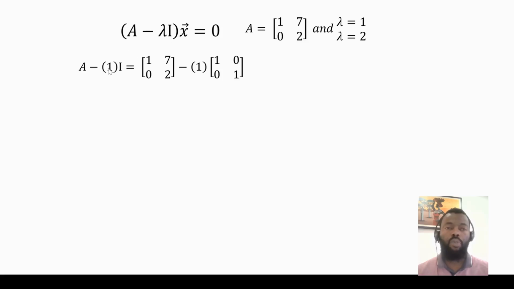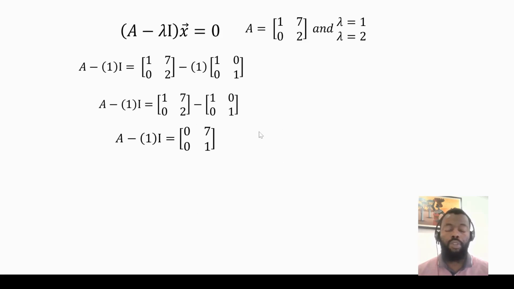We start with 1 and plug it in, so we have matrix A minus 1 times the identity matrix, and we end up with 0 7 0, and 2 minus 1 gives us 1.